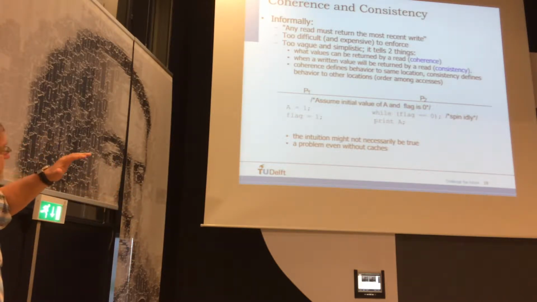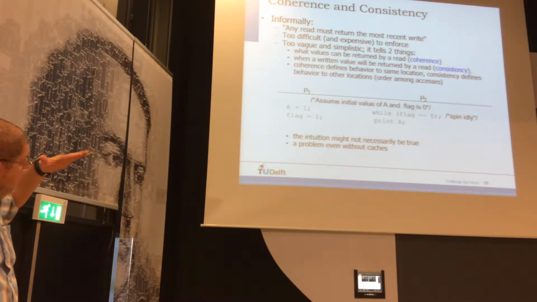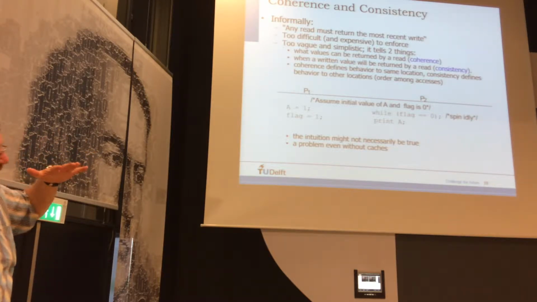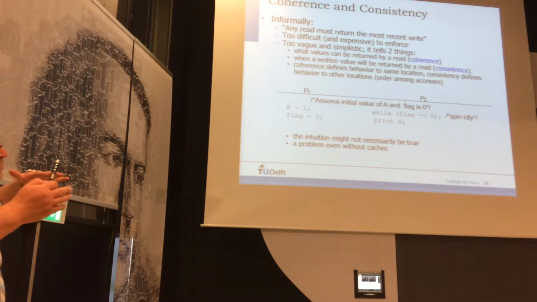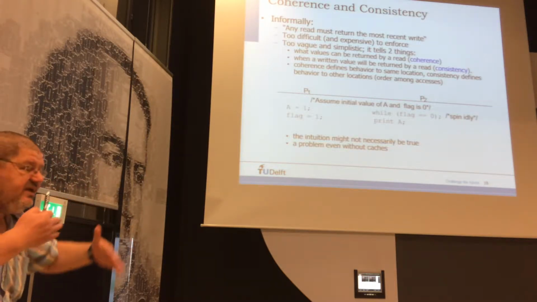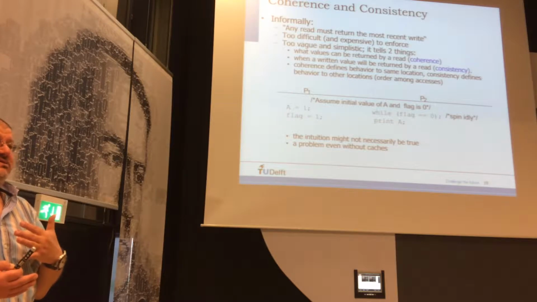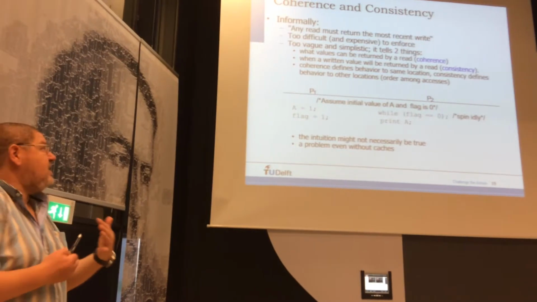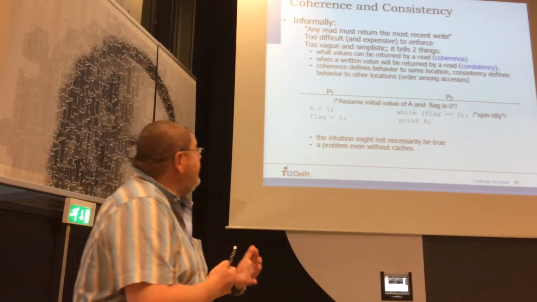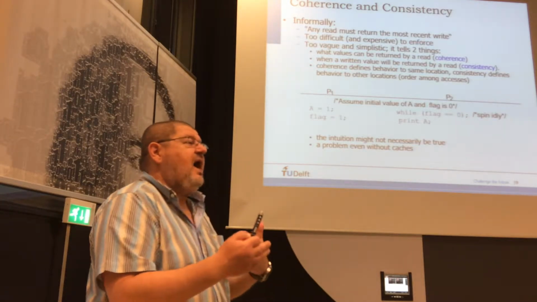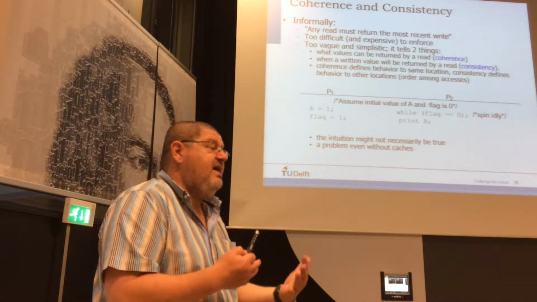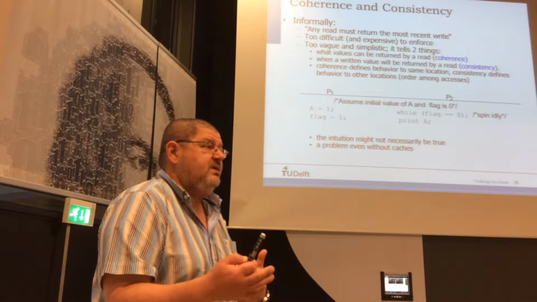Now, the consistency relates to the behavior of other locations and relates to the order, if you want, of the accesses. And from the consistency, I'm getting that problem with the behavior, which might be different.